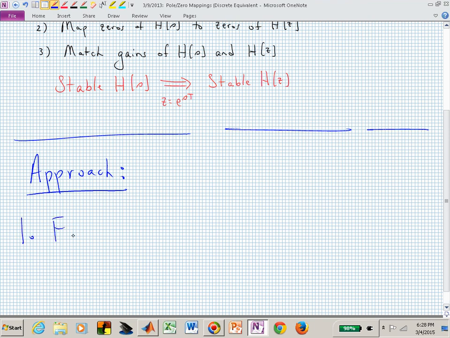First, as I said, we factor the given transfer function, h of s, into pole and zero factors.